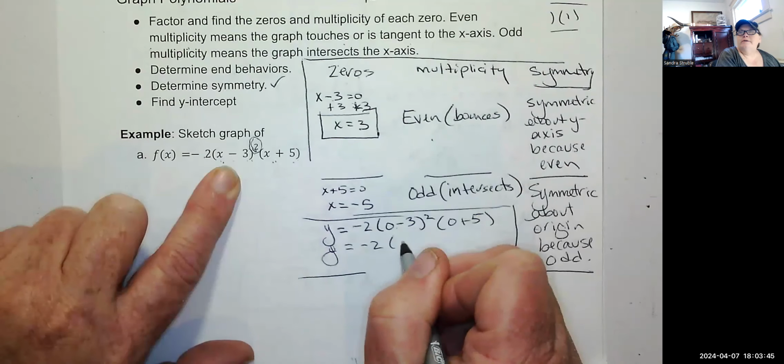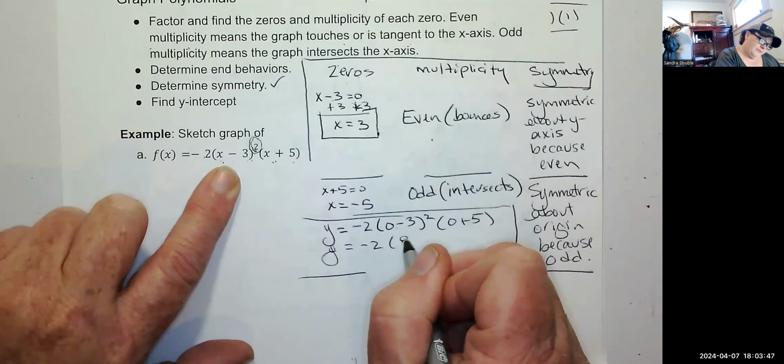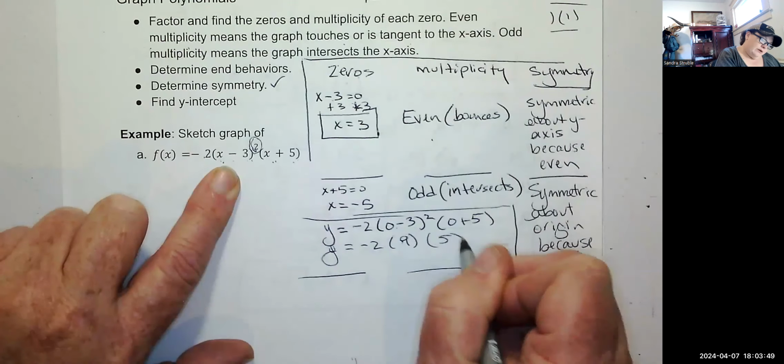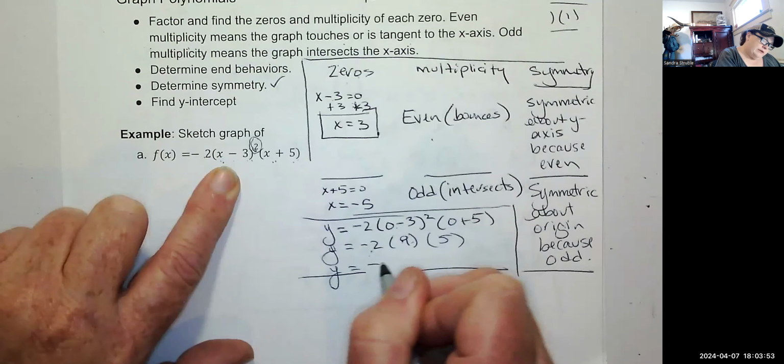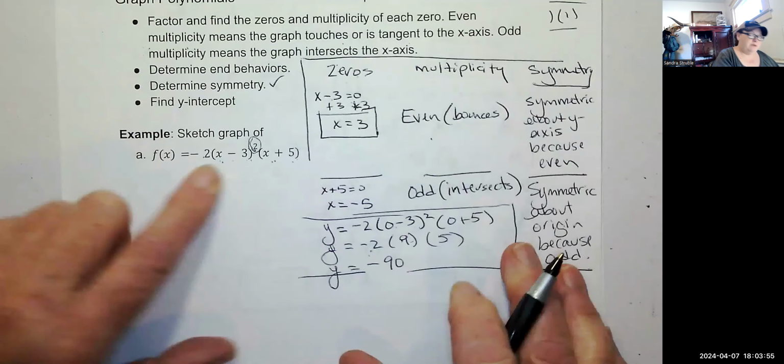Negative 3 squared is 9, positive 9, and then 5. 45 times 2 is 90. So y equals negative 90. That's our y-intercept.